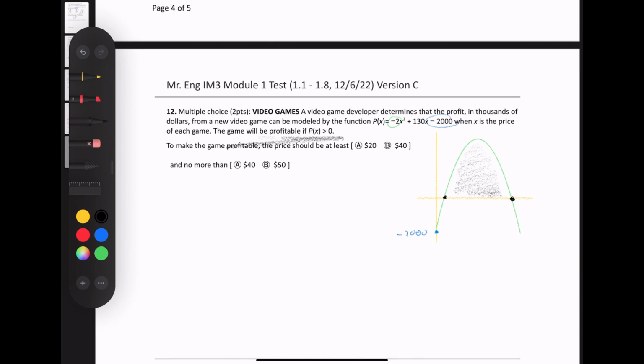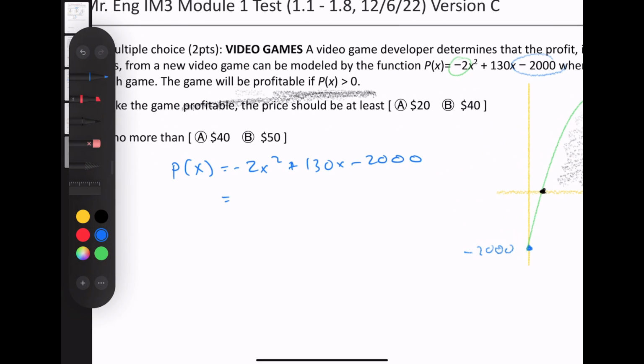Okay, so let's go ahead and just solve this. P of x is negative 2x squared plus 130x minus 2,000. I'm going to factor out a negative 2. So looking at the coefficients here, negative 2 times x squared gives me negative 2x squared.